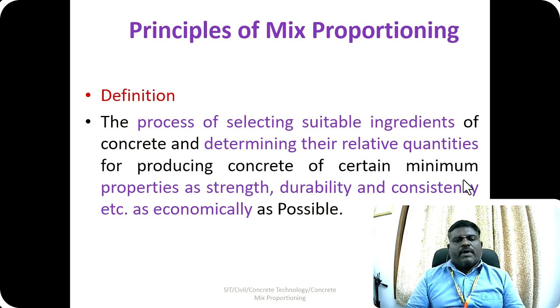So by the definition, what we understand is that mix proportioning is a process of selecting the suitable materials or ingredients for making good concrete, and also determining the quantity of certain materials in order to make good concrete.